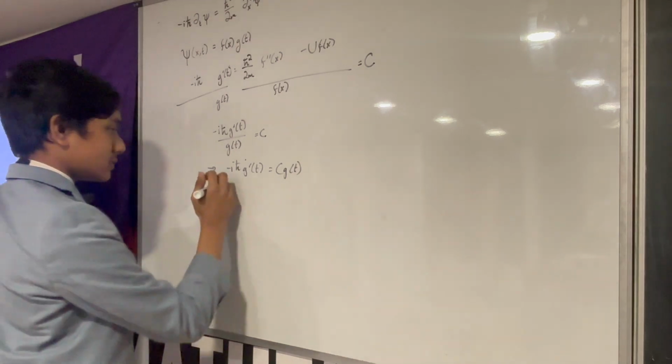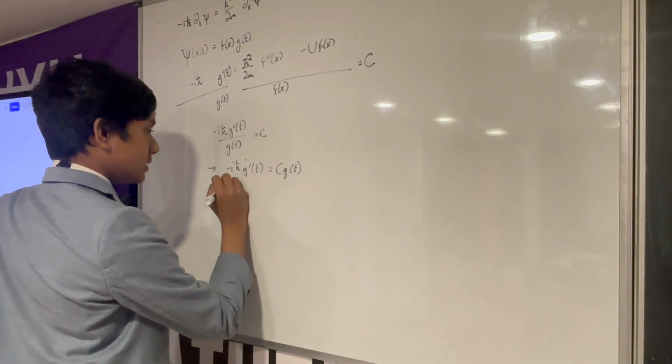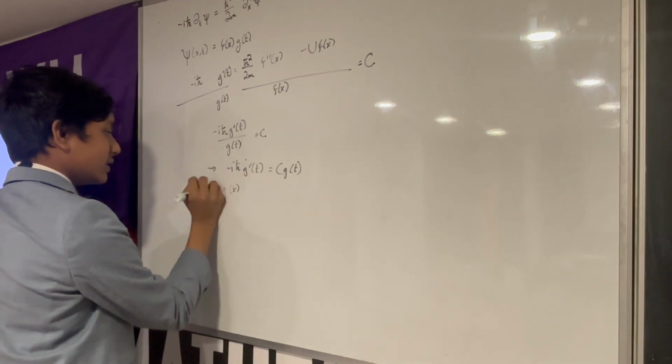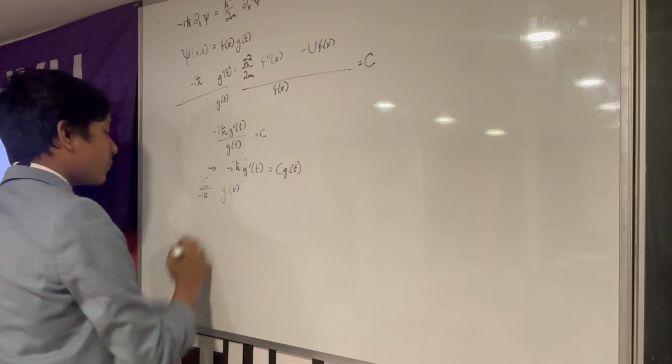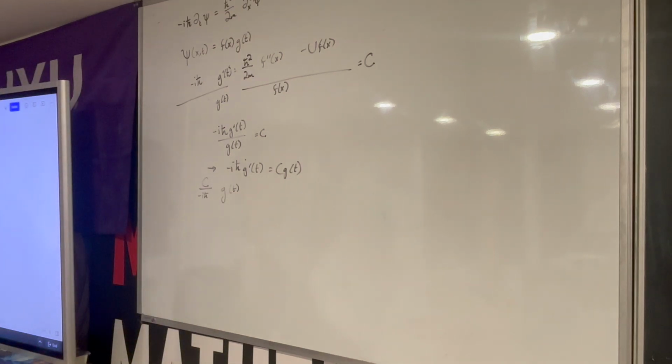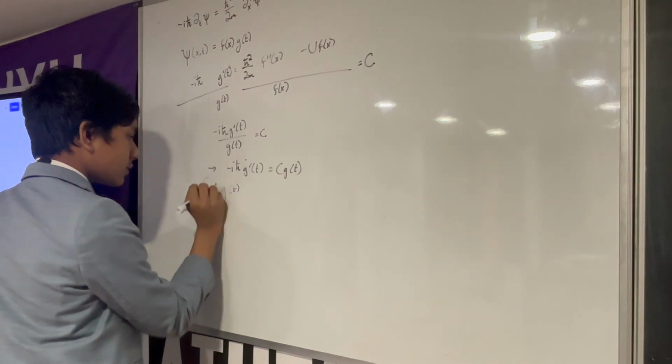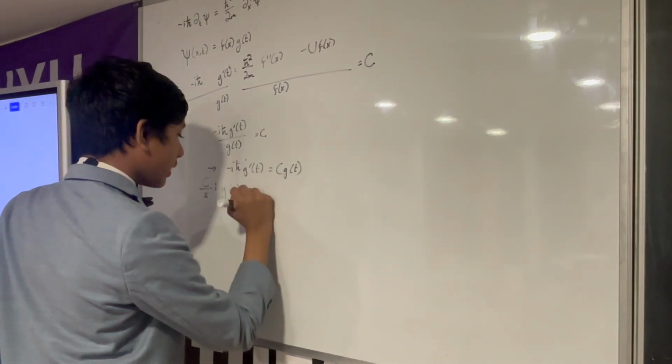And this just gives g of t times c divided by minus i h bar, and 1 over minus i is just equal to i, is equal to g prime of t.